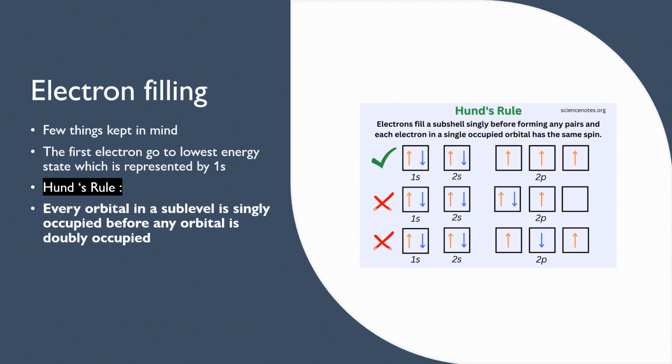In this diagram there are 3 possible scenarios, considering only the 2p orbitals for clarity. In the first case, the 2p subshell has three degenerate orbitals, and the three orbitals are filled singly. In the second possibility, two electrons are filled in the first orbital and the remaining one electron in the second orbital. The third possibility is that three electrons are filled in three different orbitals, but with opposite spin in the middle one.